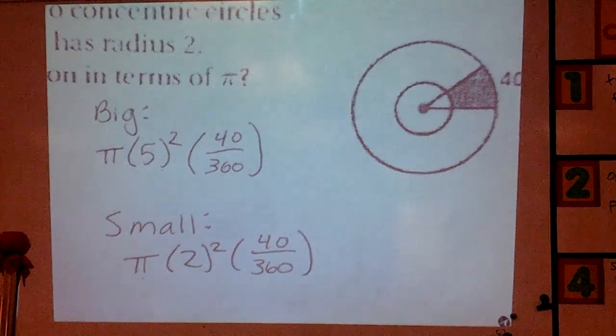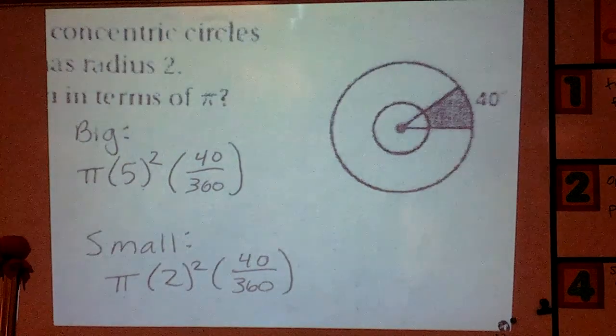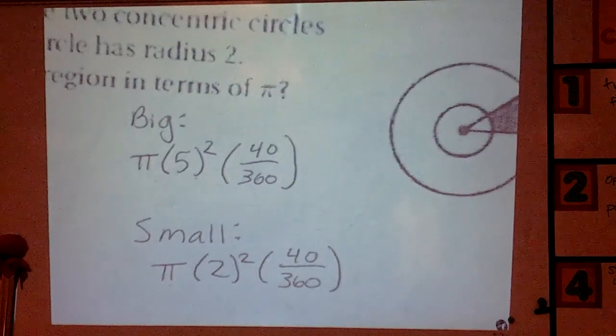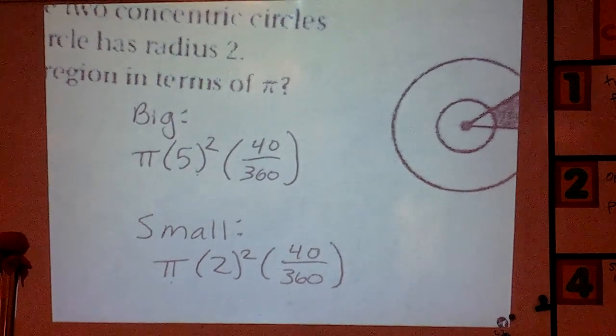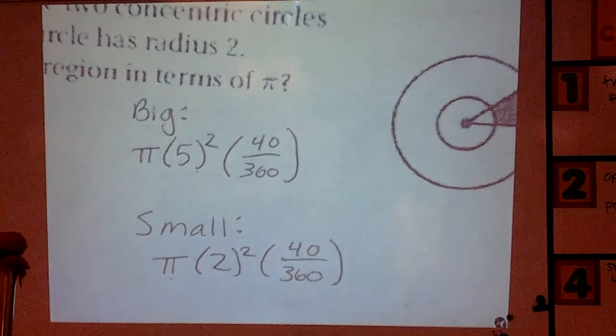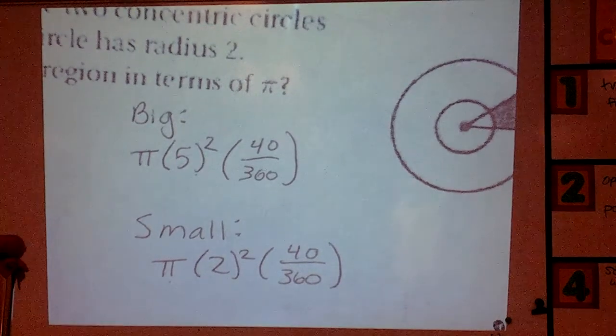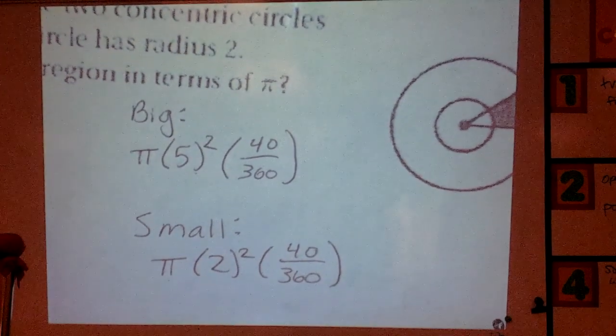Now, it said, what is the area of the shaded region in terms of pi? I'm not sure really any of us put our answer in terms of pi, so I'm just going to do the decimal approximation like most of us did.